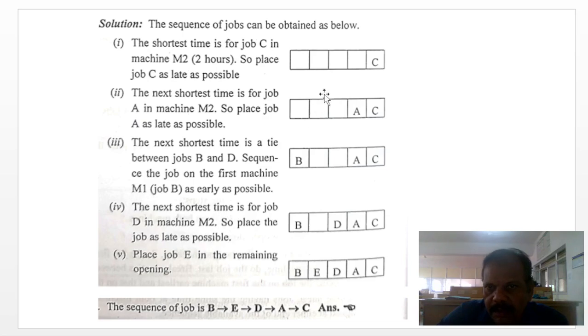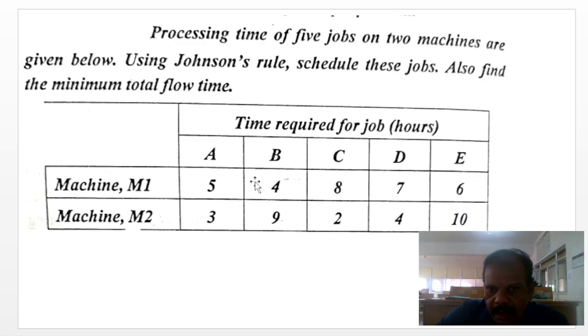It is on the second machine and has the next least time, so after C, you have to write A. So the sequence has C last and A next to last. By seeing the next level of higher order, after 2 and 3, we see that 4 hours is the next least processing time.